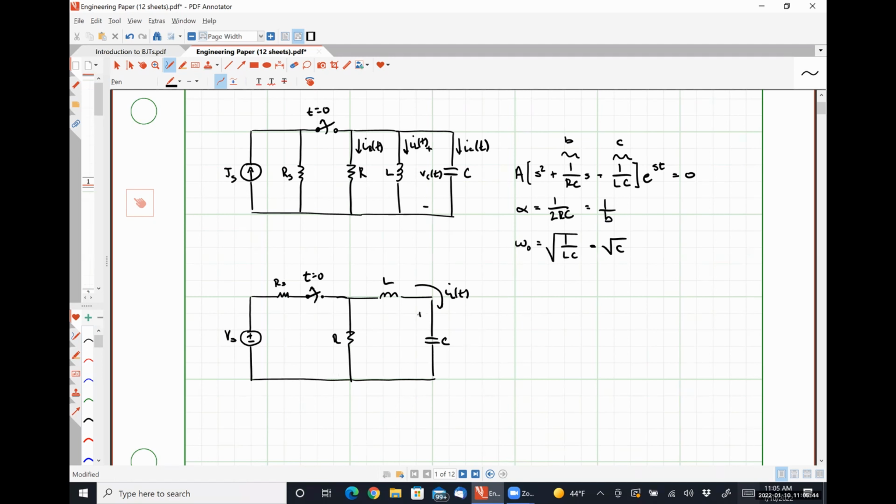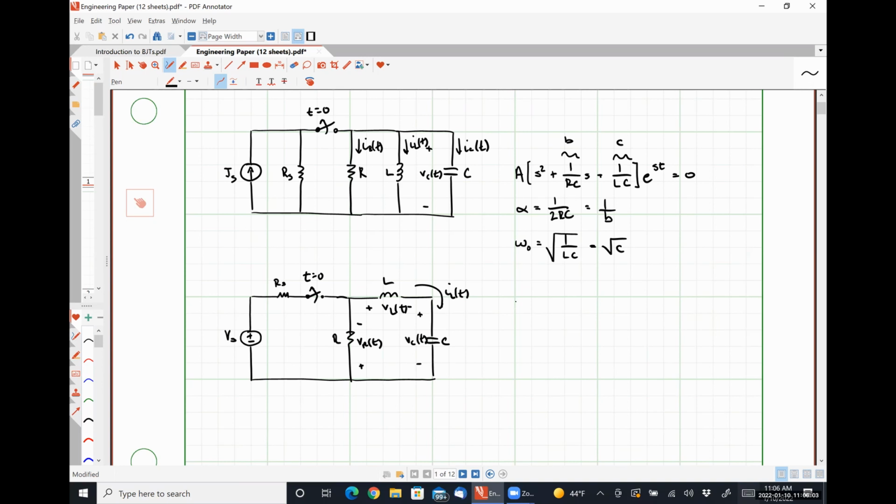And then we defined our voltages, VC, VL, and VR, like so.